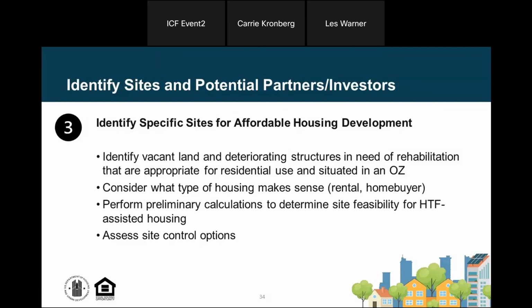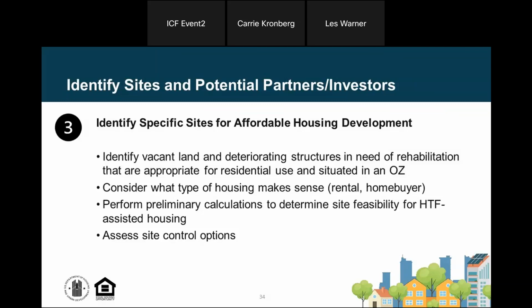And there are a number of considerations to take when evaluating sites. So if you're looking at a site, what type of housing makes sense? Is it appropriate for HTF funded housing, which most likely is going to be rental housing? Looking at zoning and context to determine the appropriate size and scope of a project.